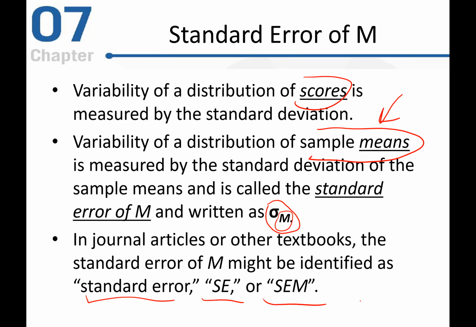The standard error of the mean is computed like this, as we have already seen. It's going to be the standard deviation divided by the square root of the sample size. And we're going to talk a little bit more about that.